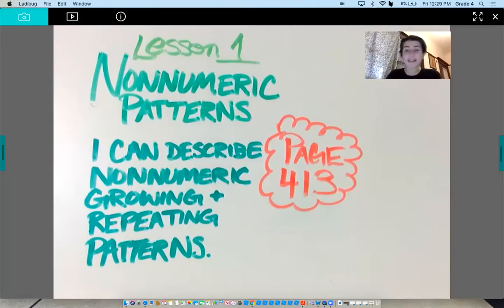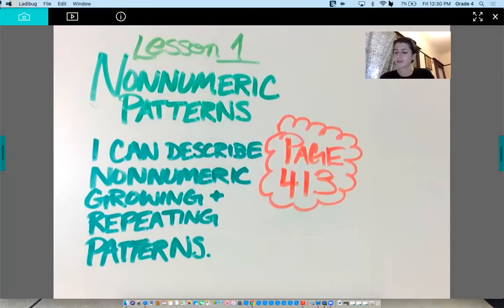So I'd like you to read with me on page 413. First, I'll start with our objective. Today, you'll be able to say at the end of this lesson, read it with me. Read what our objective on the board with me right now. Ready, set, go. I can describe non-numeric growing and repeating patterns. Excellent.